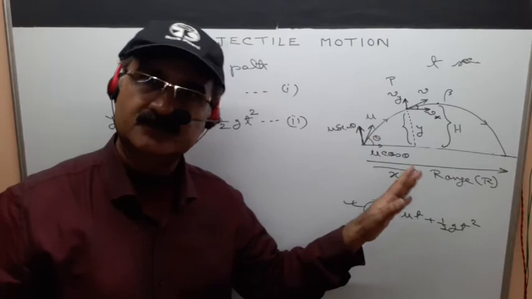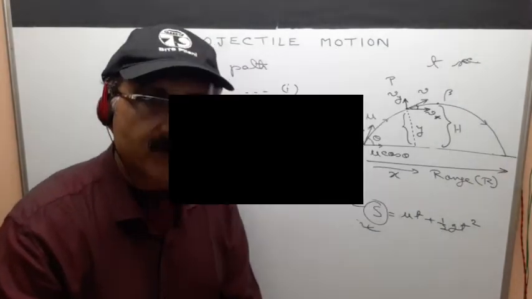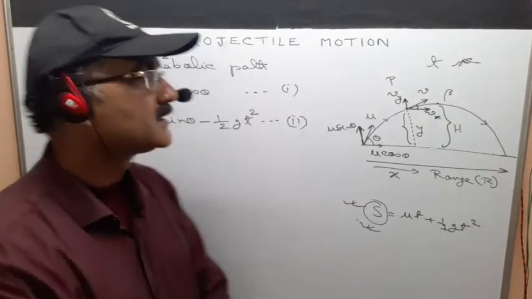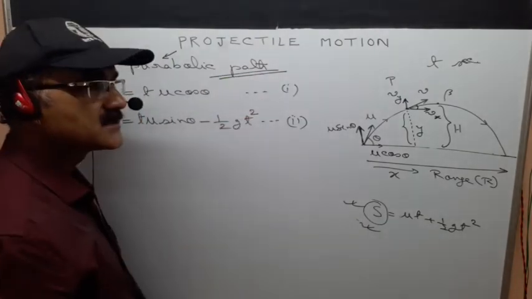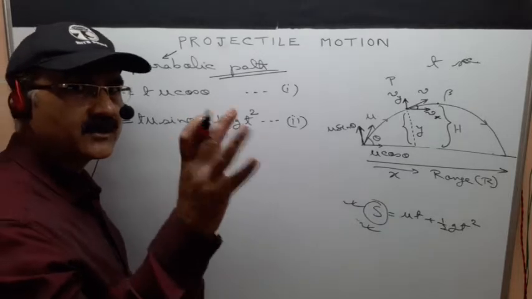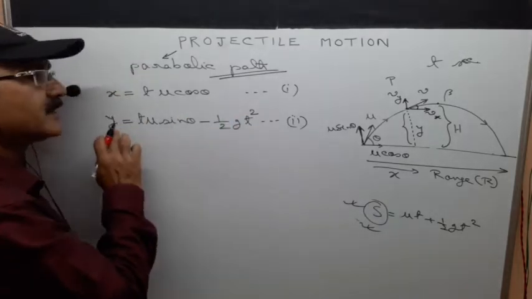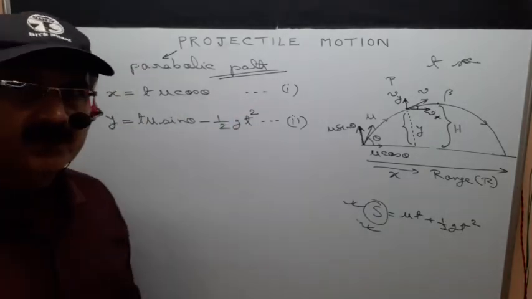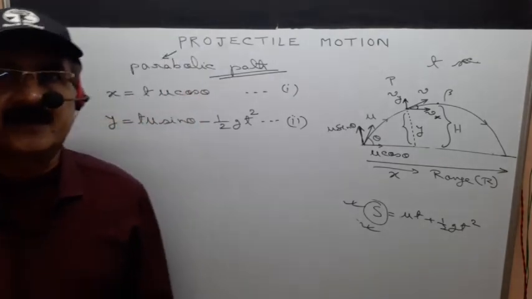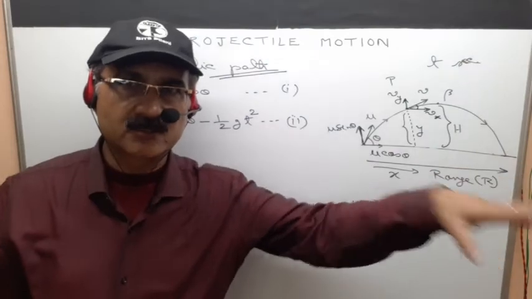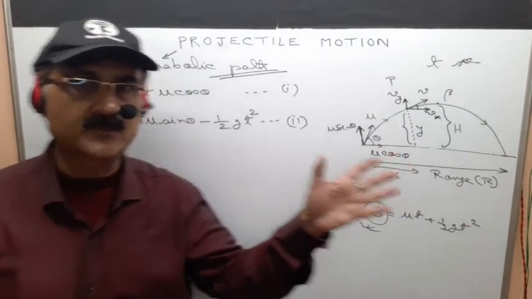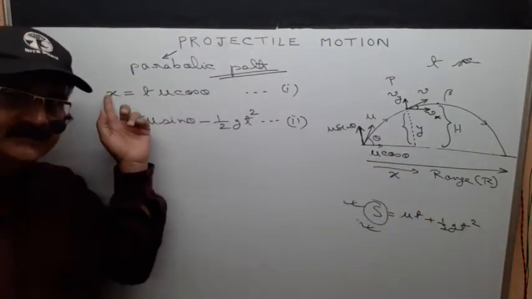Simple. Right. Now, the next point you have to understand is that finding an equation of the path means you have to find an equation between x and y. When we want to find an equation for the path of an object, we have to find the equation between x and y.